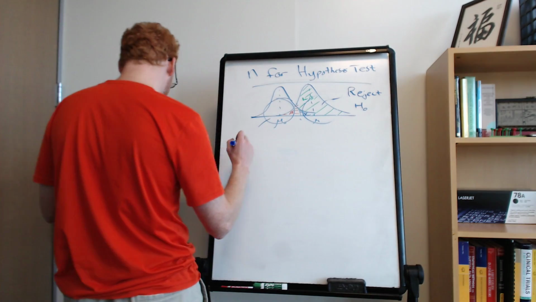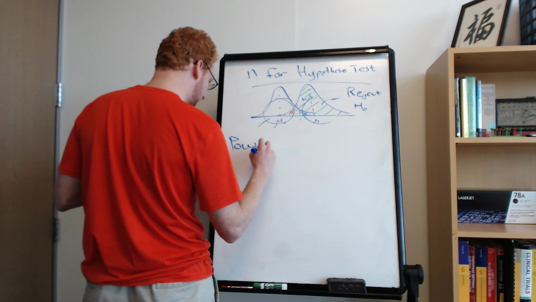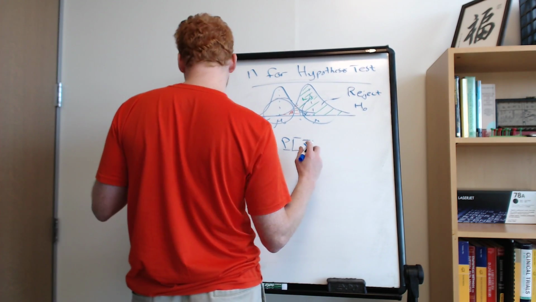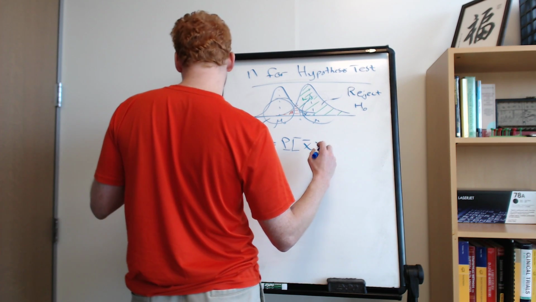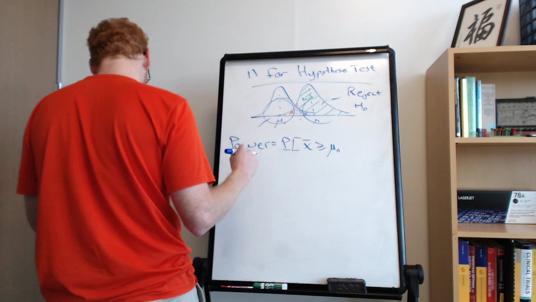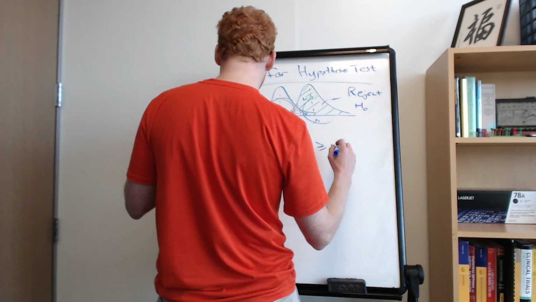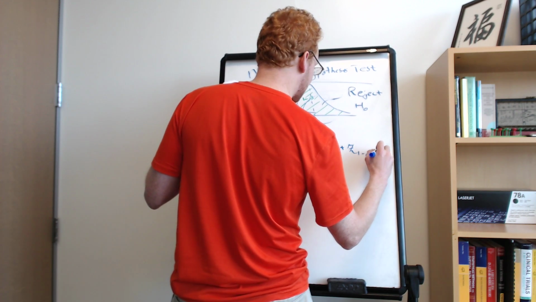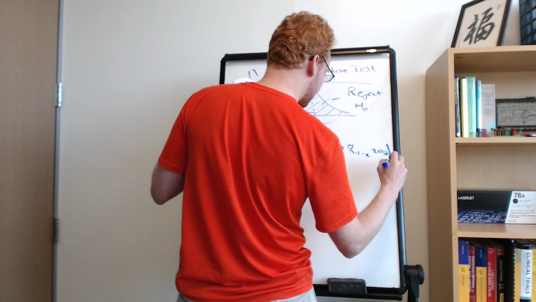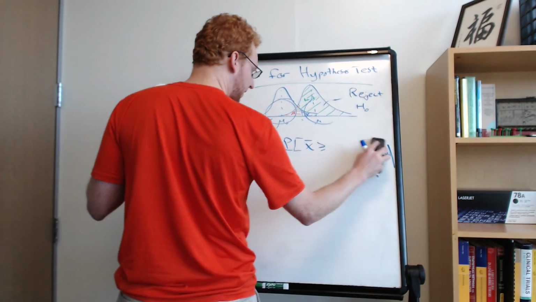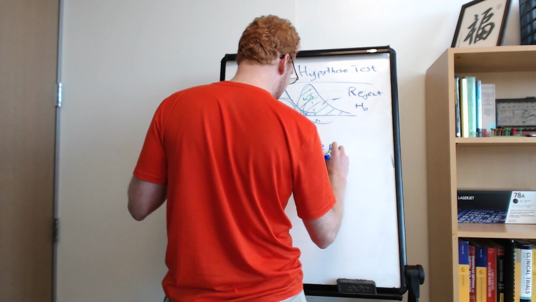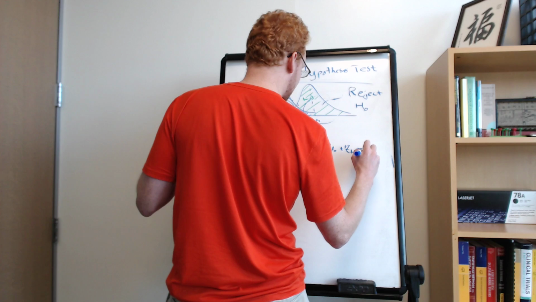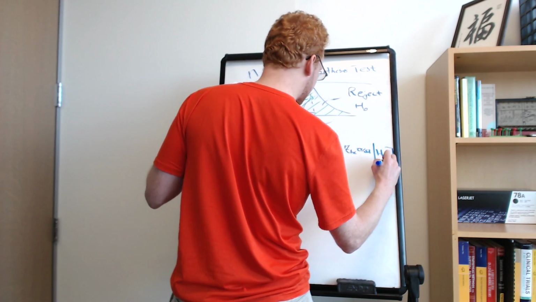Now the power is defined as the probability that the observed test statistic x bar is greater than or equal to some cutoff value C, which is mu naught plus z of 1 minus alpha times sigma over root n, given H1.